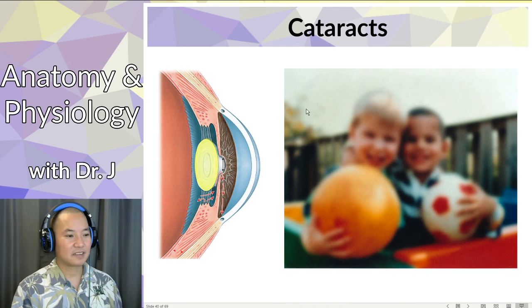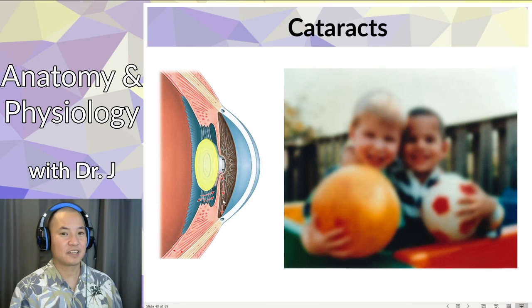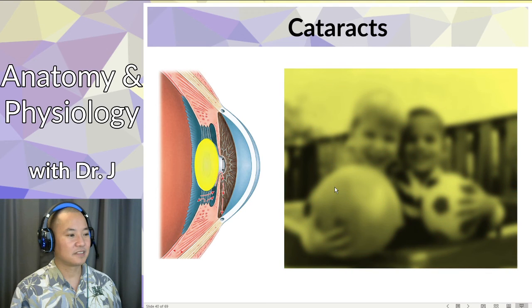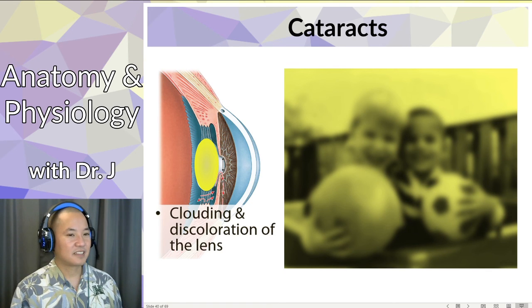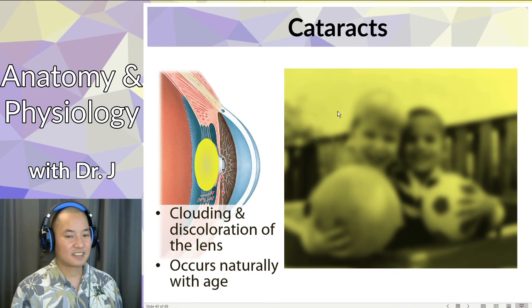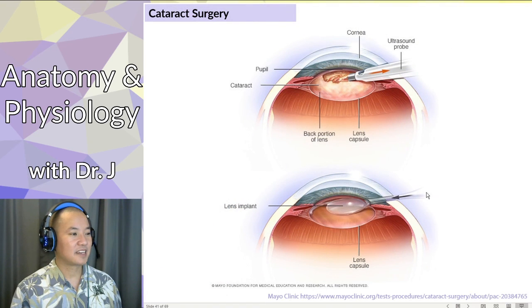And how do you treat cataracts? Well, this tissue is hard to clear up and uncolor from that yellow color. As we age, it gets worse in terms of getting hazier and yellower or discolored. So cataracts in general is a clouding and discoloration of the lens, and just like presbyopia, it's a natural occurrence. What do they do during cataract surgery?